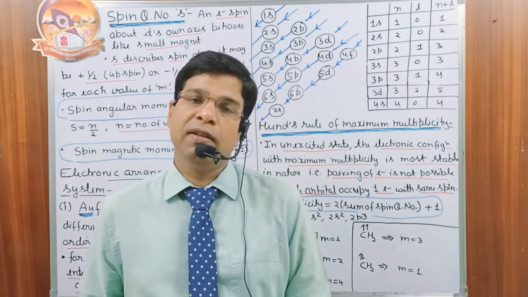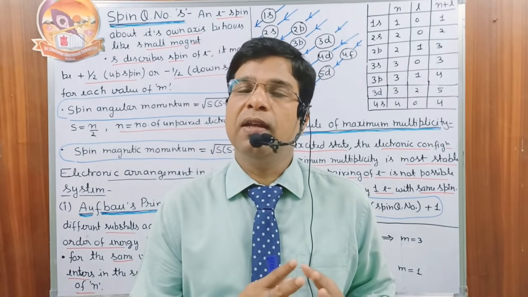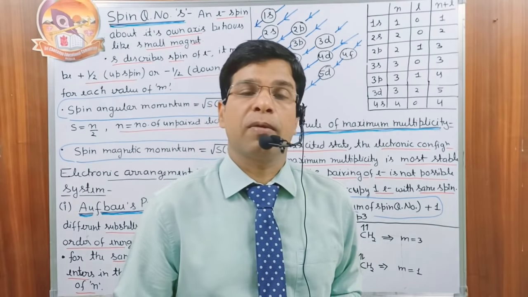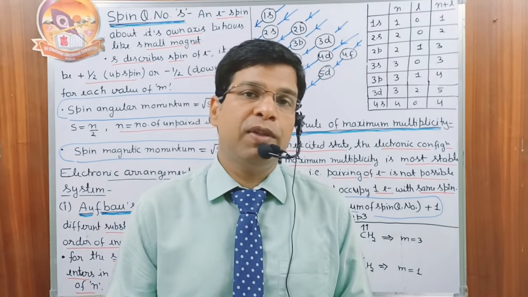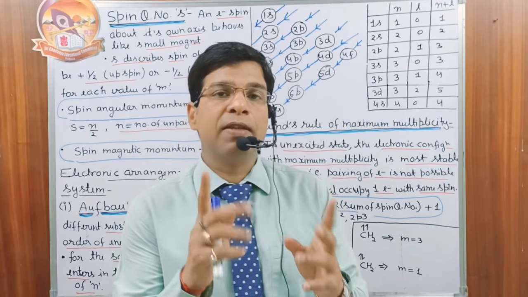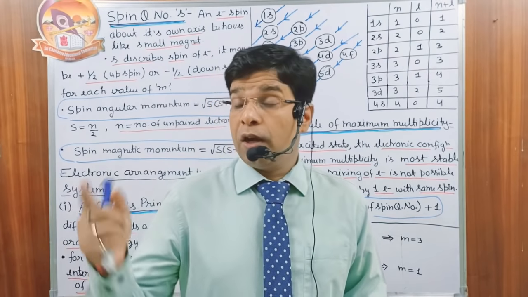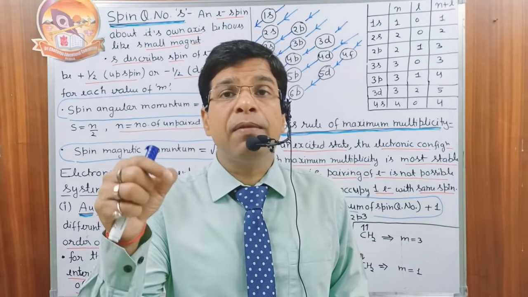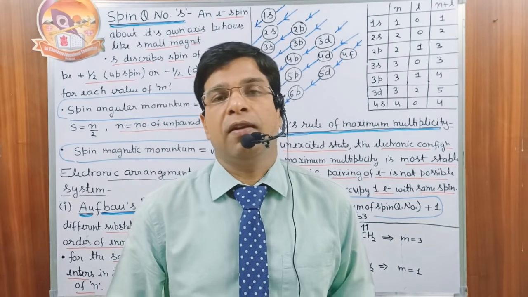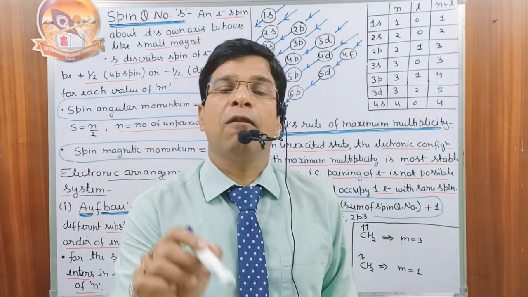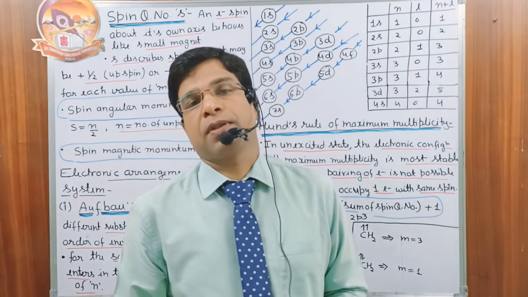Here n is the principal quantum number and l is the azimuthal quantum number. The subshell which has the minimum value of n plus l, the electron always enters that subshell.